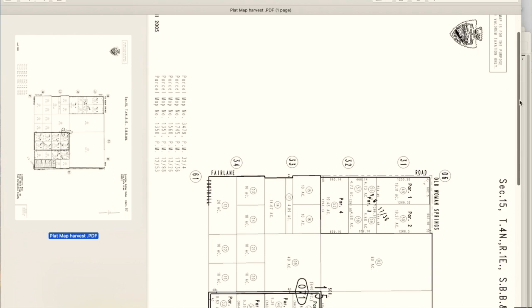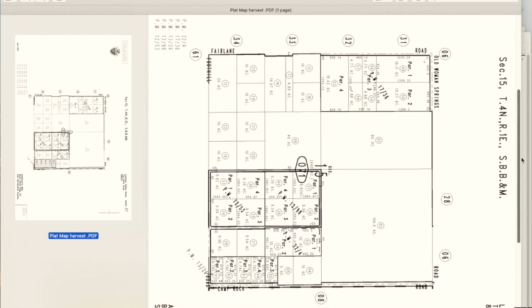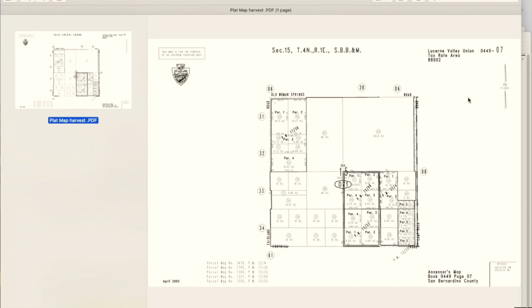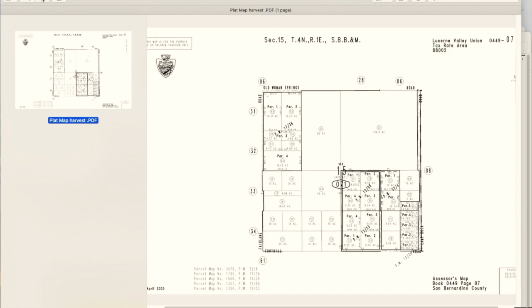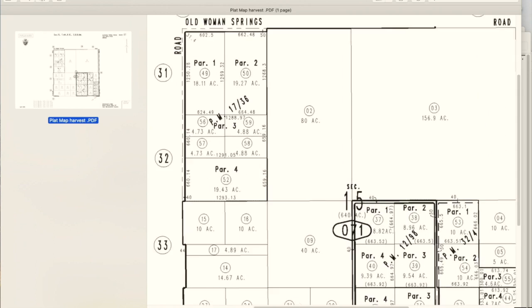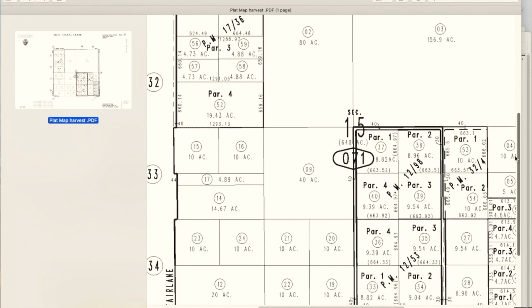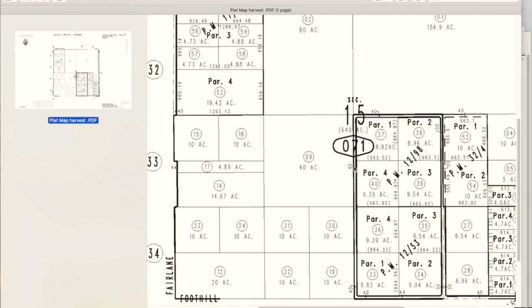Here we've got another plat map. Now this one is sideways. I'm going to turn it around to make it a little easier to look at. Zoom in a little bit. Now, here you go. This area here, that indicates easement.